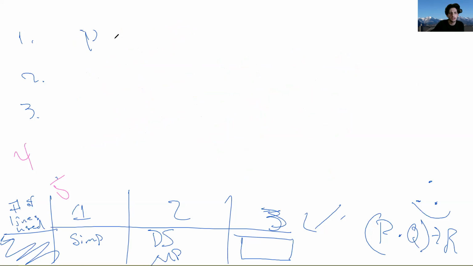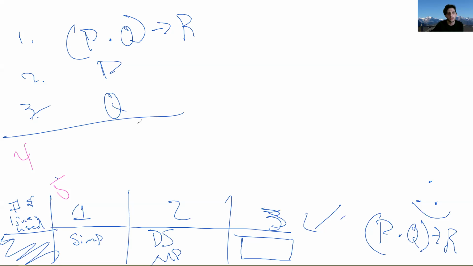That had P and Q give you R, and we know P and we know Q, and from there we just conjoined them on the next line. So we did a conj, and that would be 2, 3, and then we did a modus ponens on 1, 4 to get R, right?